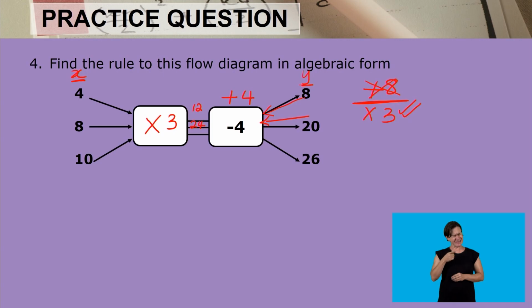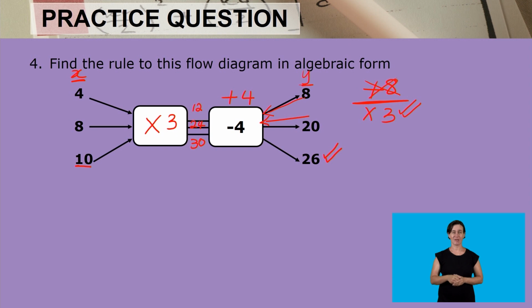But just to be extra sure, we need to make sure that it also works for our last input value. So when we take 10 and multiply by 3, we know that gives us 30. And when we subtract 4 from that 30, indeed, we do get our 26.